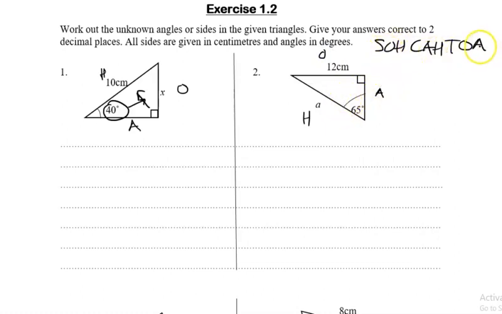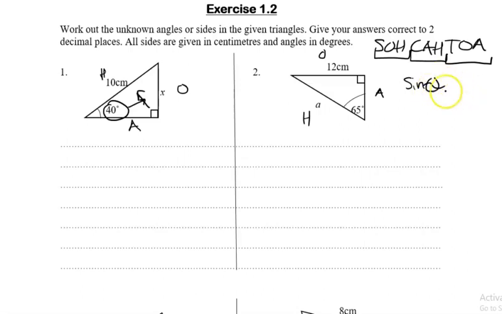SOH CAH TOA. Each of them is its own formula. And you have to determine which formula to use depending on what's given to you. So SOH is sine theta, and theta is a Greek letter that we use to represent the angle.